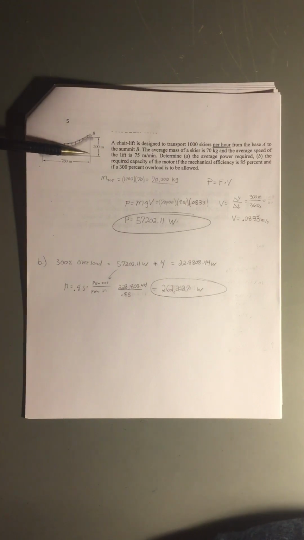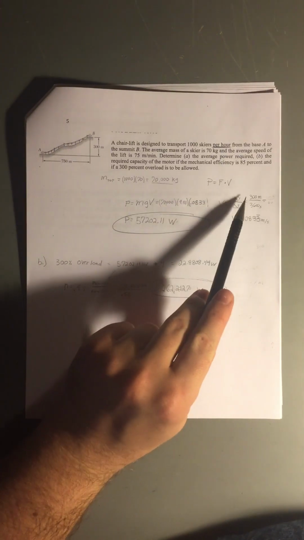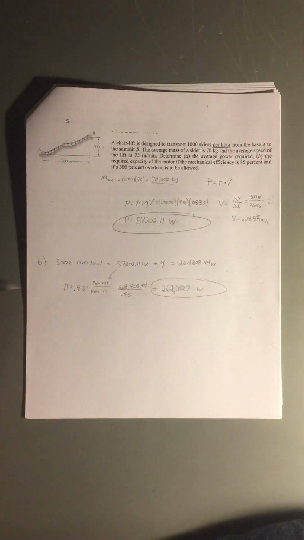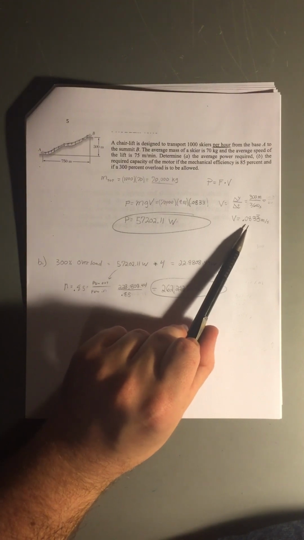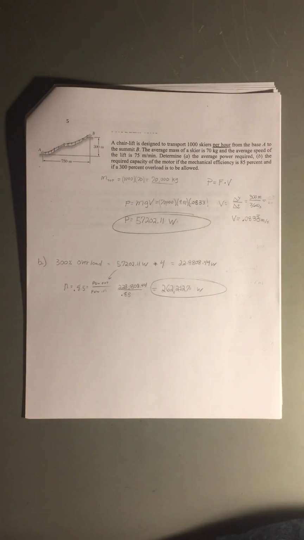And so we know that the skiers are going up 300 meters, and they do that in 1 hour, or 3,600 seconds. And so taking 300 divided by the time, 3,600 seconds, gives us our velocity of, right here, 0.0833 meters per second.